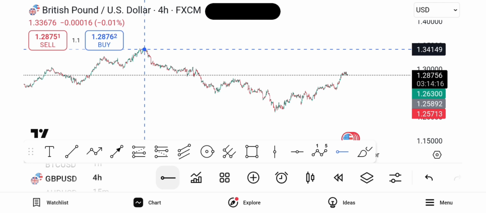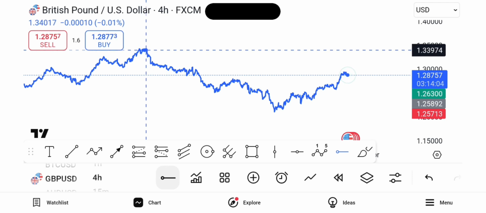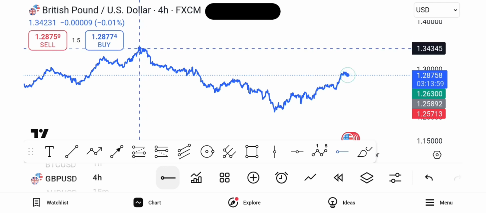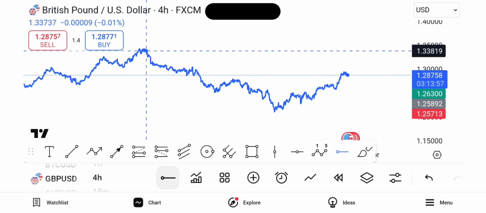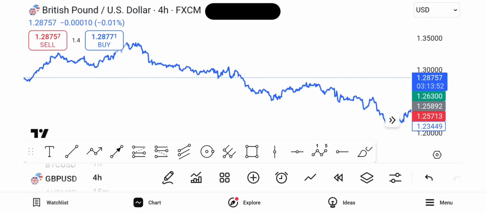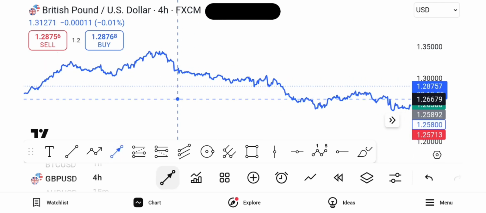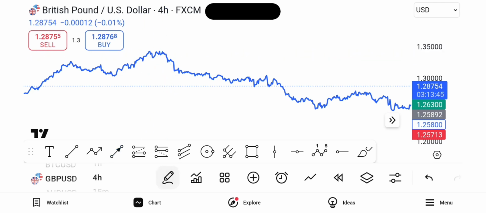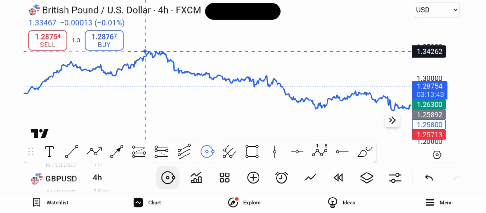Another technique you can use is to go to the line chart. You see that you have this zone, the high of the market. Just mark it, since it has been retested several times. If you zoom in very carefully, you can see that this point has been retested several times, not one, not two.